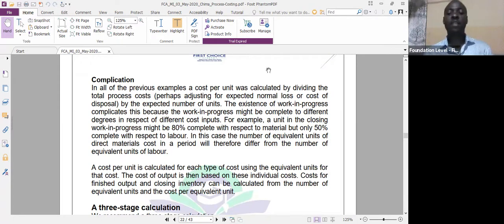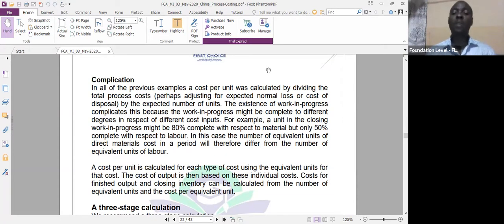Let's say bread, for example, a work in progress bread that is incomplete in the closing stock might be 80% complete. When we talk about material, it means that material must have been 80% complete in the bread.